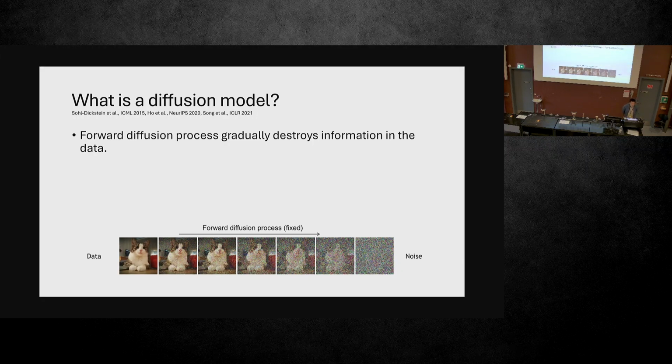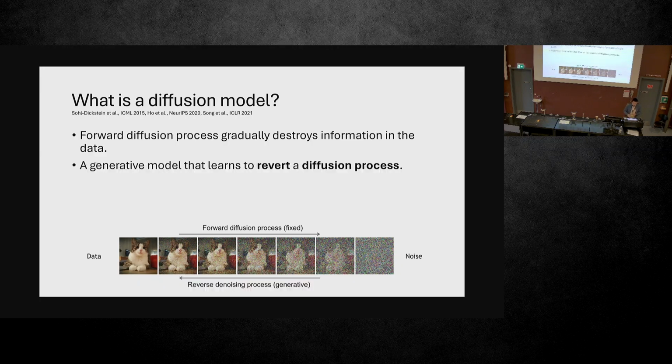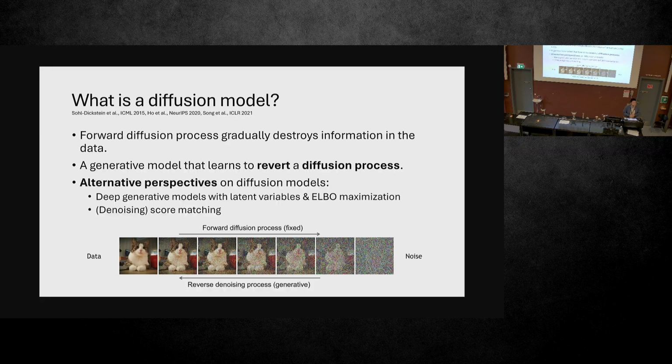A diffusion-based model starts from defining the forward process that destroys the structure of your data by adding a little bit of noise each time, and it comes with a generative model, which is learning to revert the forward dynamics. So we have this noisy process going from left to right, and we learn a generative model that reverts the dynamics.